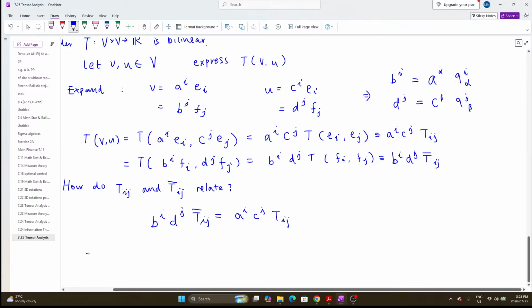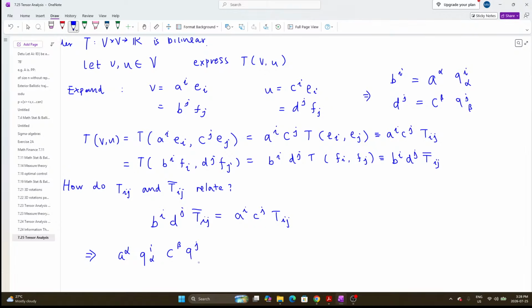The left-hand side now becomes A alpha, Q I alpha, that's BI, and DJ is C beta QJ beta, T bar ij equals AI CJ TIJ.